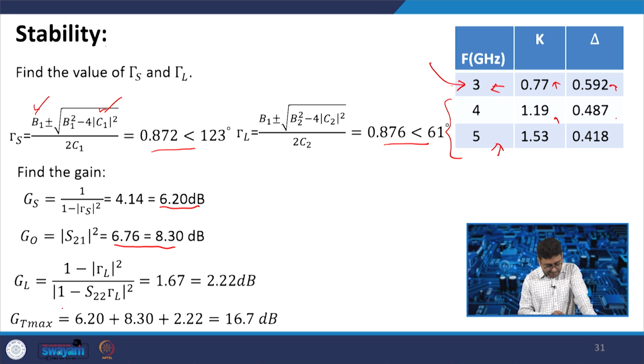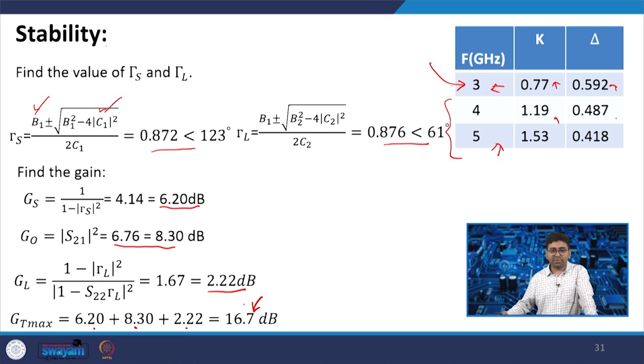And GL again is 1 by 1 minus gamma L squared, so here you will get 2.22 dB. So your GT max is given by GS plus G naught plus GL, which is equal to 16.7 dB.